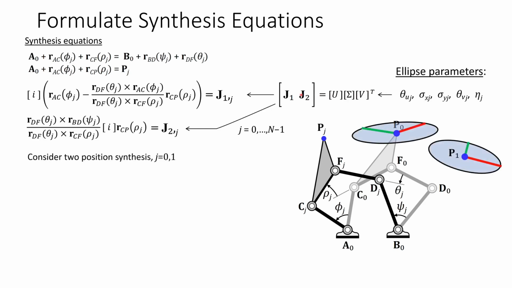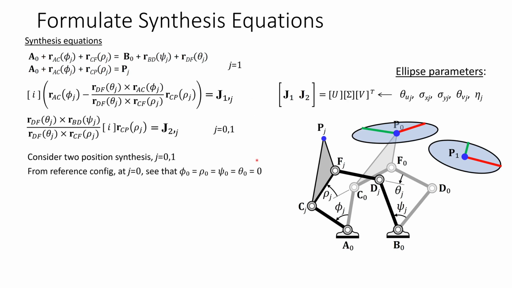We're going to consider 2-position synthesis. Since we're using a reference configuration parameterization of 5-bar linkages, at the first position, j equals 0, the angle displacements should all equal 0. Hence, for the position loop equations, we disregard j equals 0 as it will be an identity.